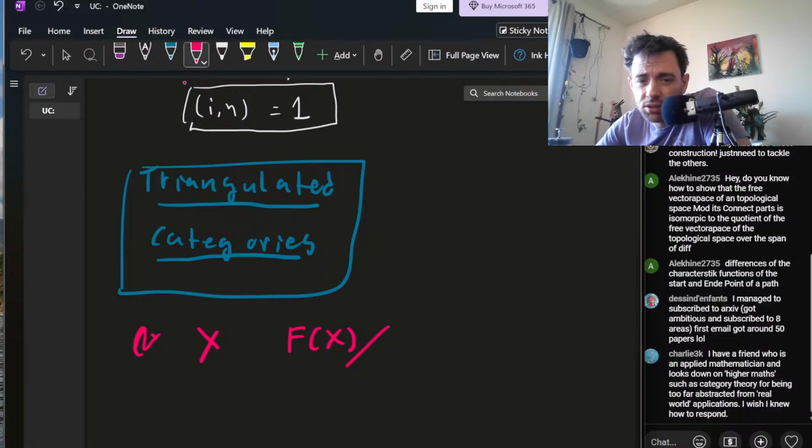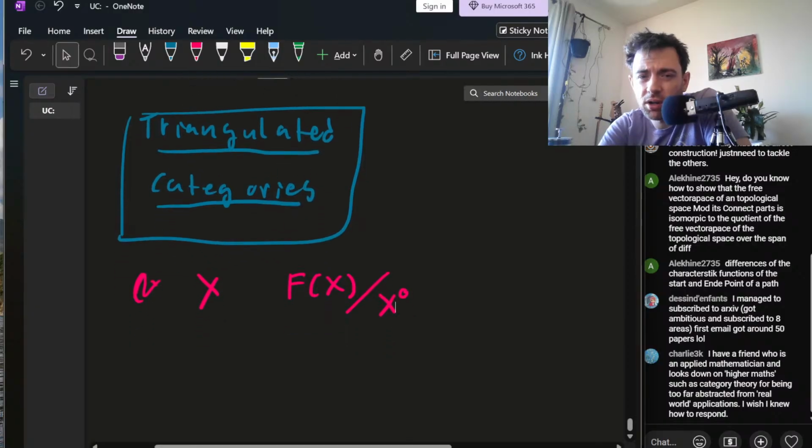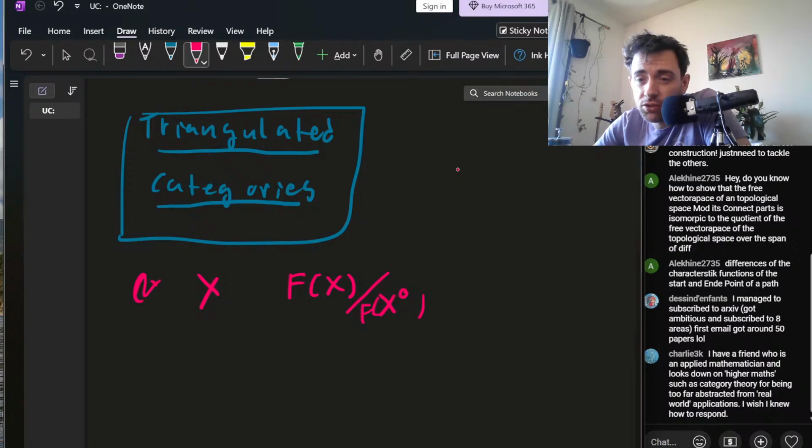Do you mean the connected components of X? In what sense is this a mod? I take the free vector space and the connected components. Is isomorphic to the quotient of the free vector space of the topological space over the span of differences of characteristic functions of the start and end point of a path.